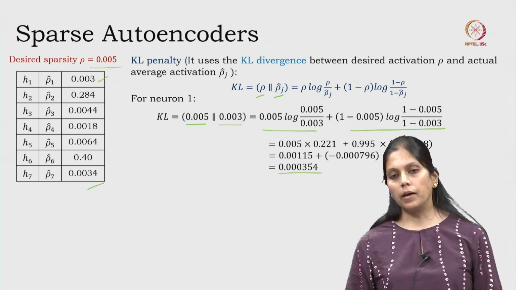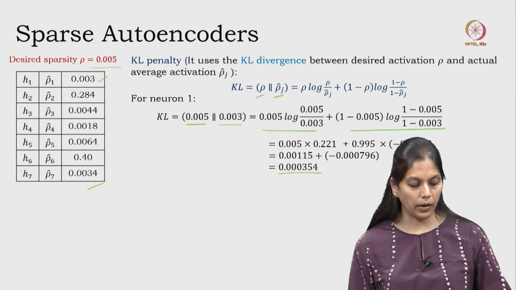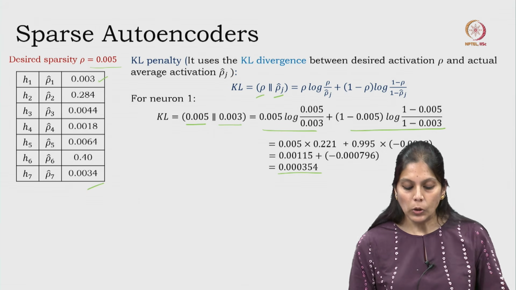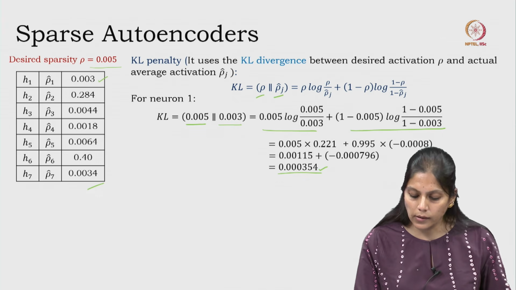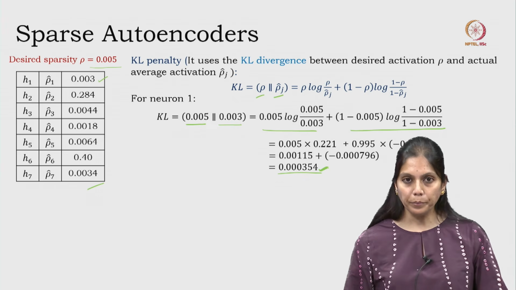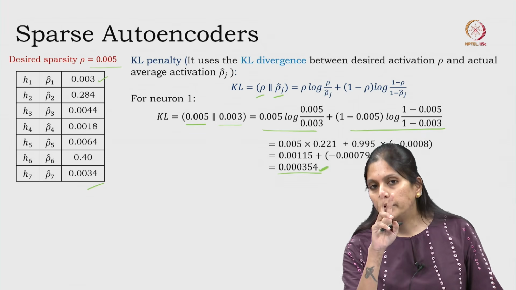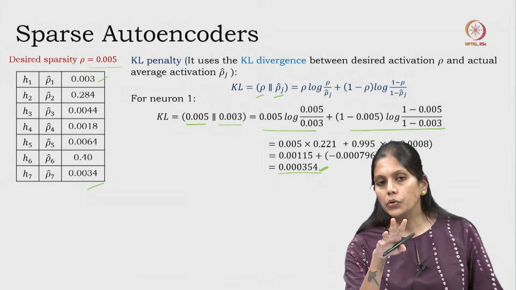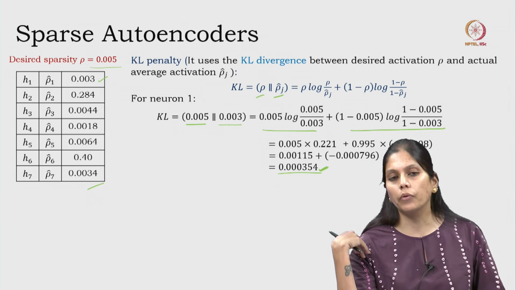Once again, wherever there are numerical values, you can calculate by yourself, and if there are any typos, you can correct them. So here you have got this penalty. Now, can you correlate that the average value 0.003 is very closely matching 0.005?